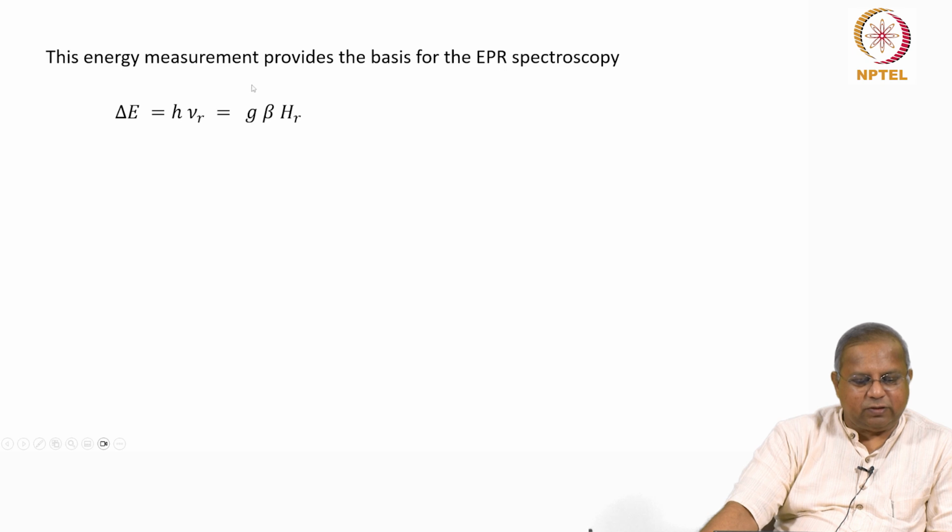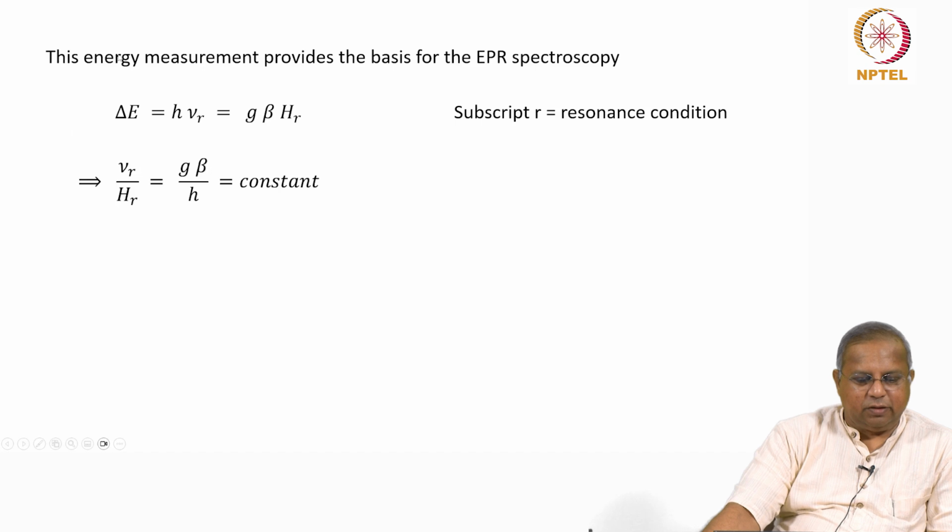You might want to write these down, simple relations. Therefore, you could write nu_r by H_r. I'm just looking at the last two parts of the first equation. nu_r by H_r equals g beta by h.